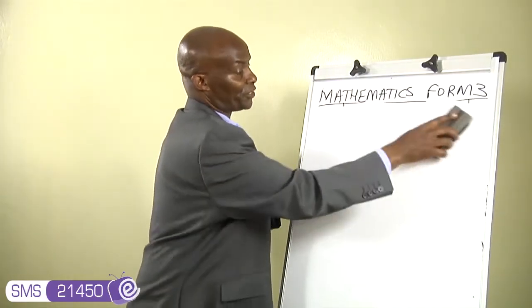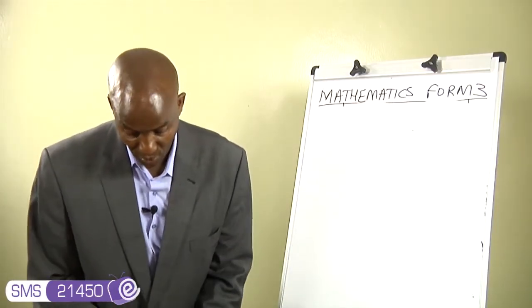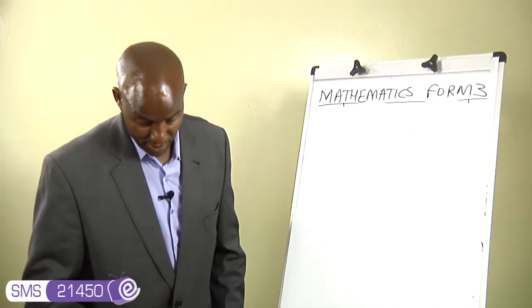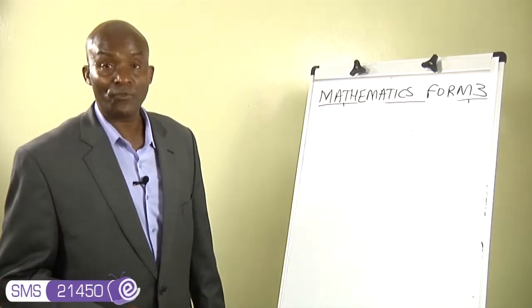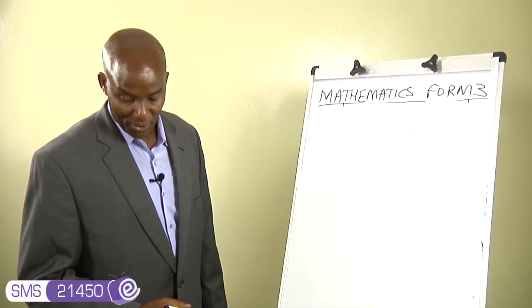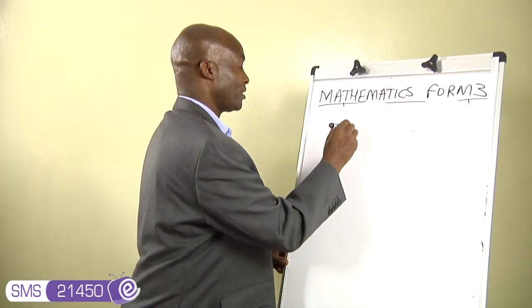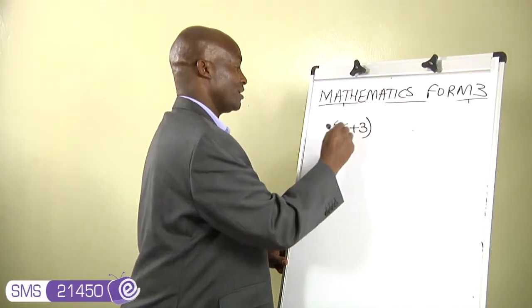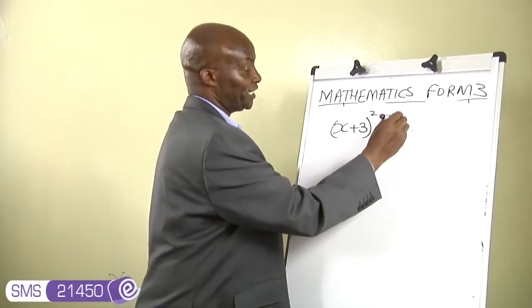Now the following question will take us back to what we did in a previous lesson. Supposing you are told to solve the following equation using the square root tables where necessary. So (x plus 3) squared is equal to 14.